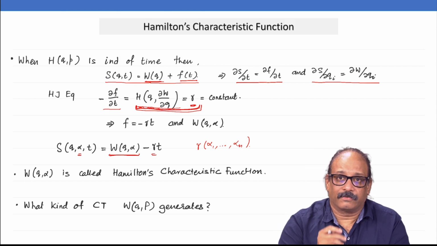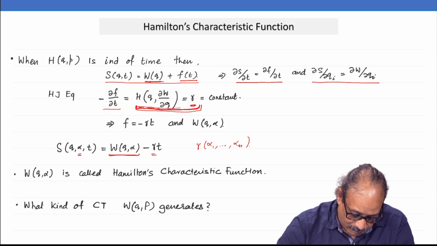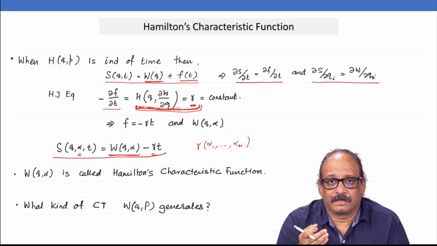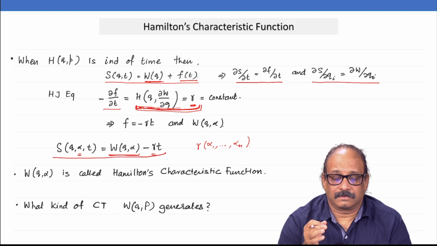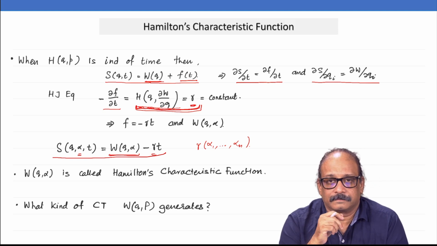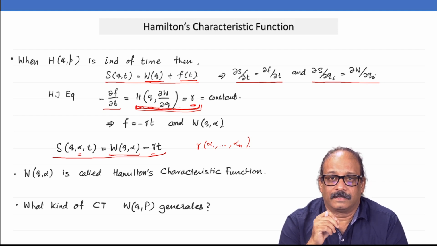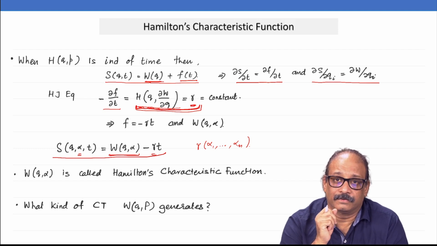So, the question we want to ask now is this. We know this generating function generates a canonical transformation which makes all the canonical variables constants of motion. Now, in this case, if I use W to generate a canonical transformation, what kind of canonical transformation would it do?